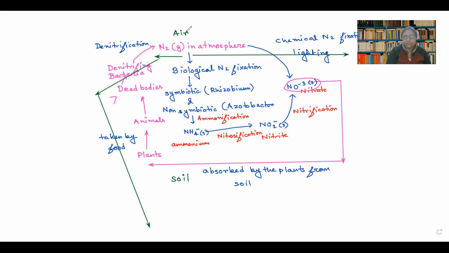Understood? So it's a biogeochemical cycle which talks about the transition of elements from air to the soil. I request everyone, if possible, note it down or take a screenshot so that you can refer to it in future.